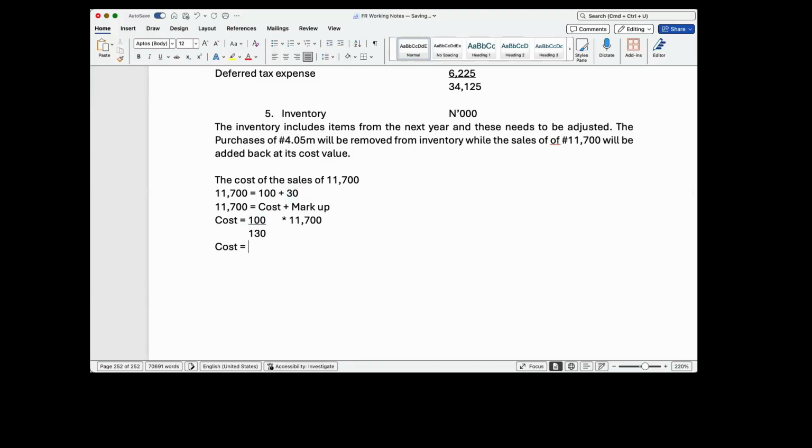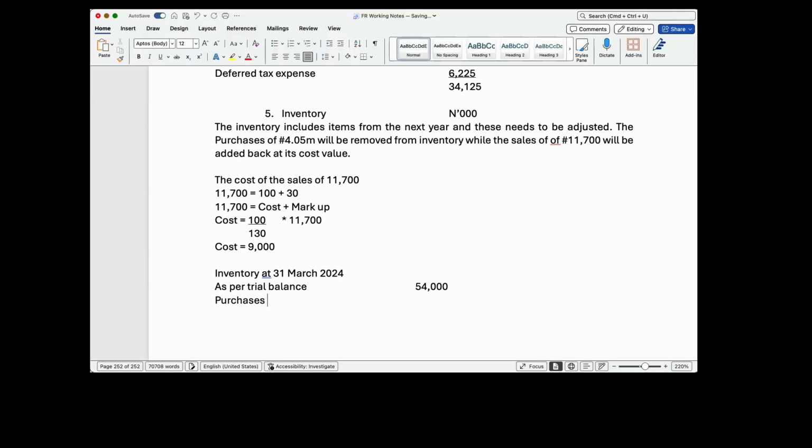So can you give me the cost? How much is the cost? 9,000. So I've gotten the cost. So my inventory at the end of that year, as per my trial balance, I think it was 54 million in the additional information.